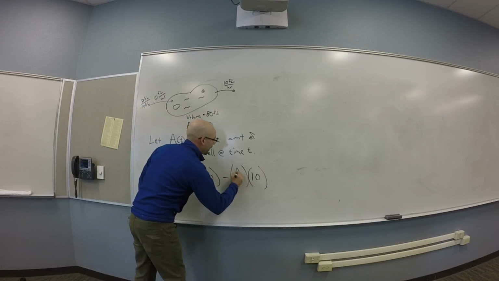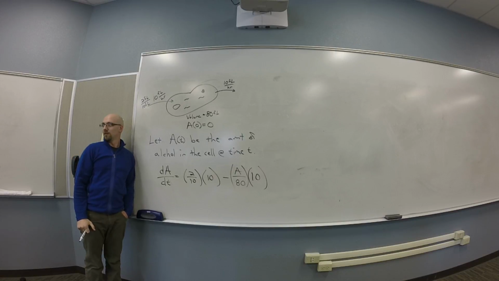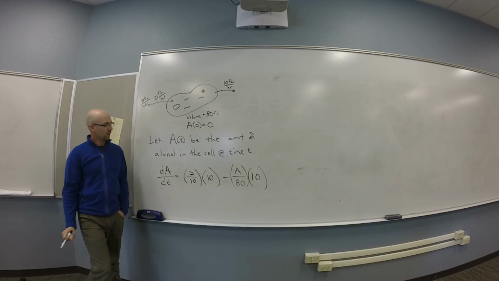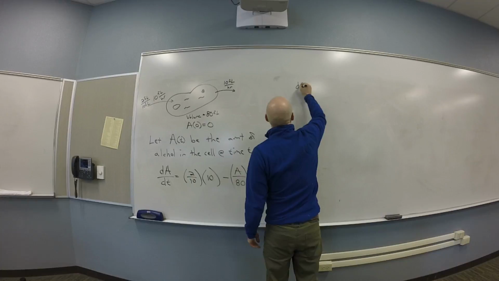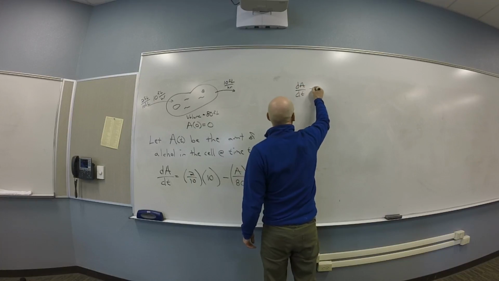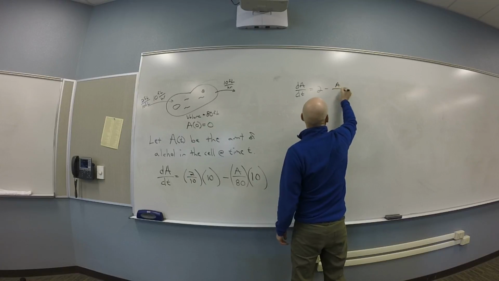This should be A over 8. You guys with me on that? Okay, and then if you rewrite, you get dA/dt is 2 minus A over 8.